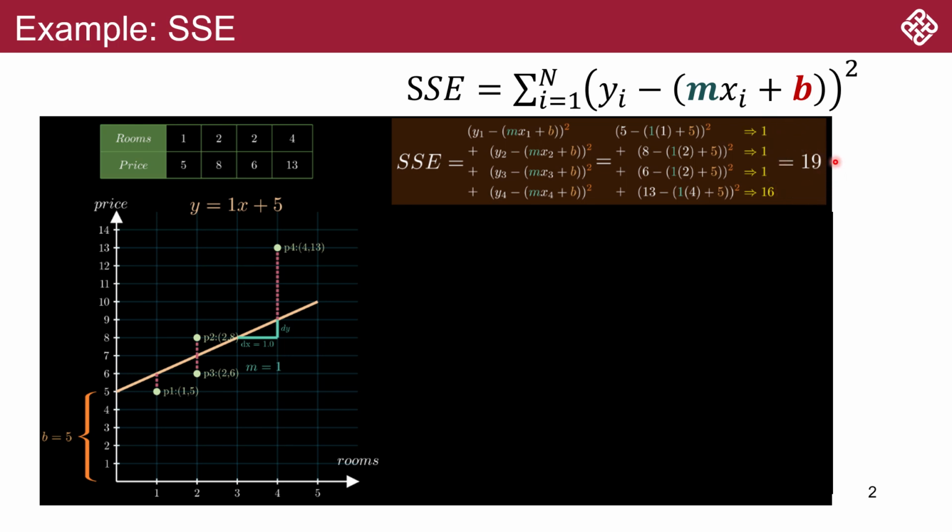The sum is 19. This 19 will be used to evaluate the effectiveness of this linear equation. Is it the best model, or is there a better model that we can have?